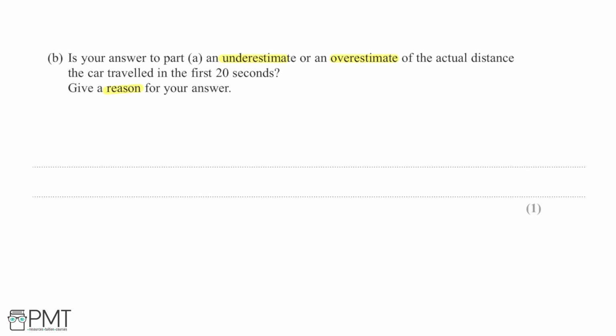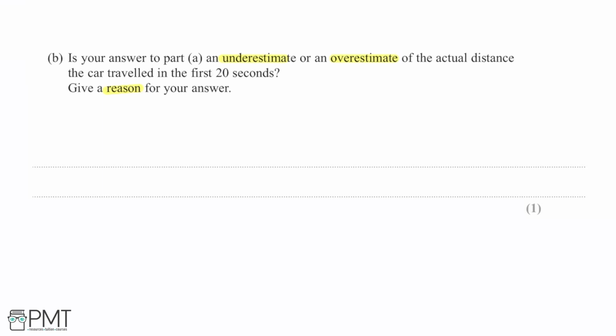So as there's area that's not included, it's going to be an underestimate because the distance should actually be greater, more squares should have been counted, but because we were approximating it with triangles and trapezia that were smaller than the area, it is in fact going to be an underestimate.